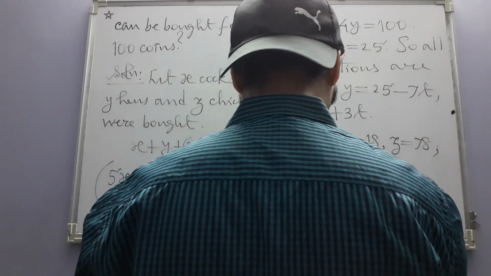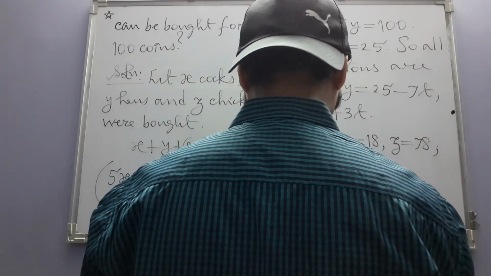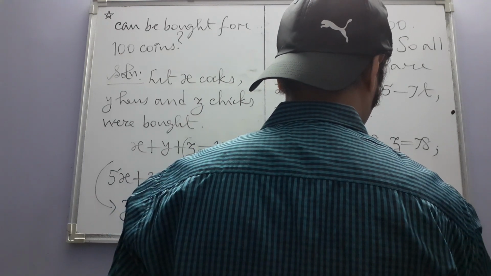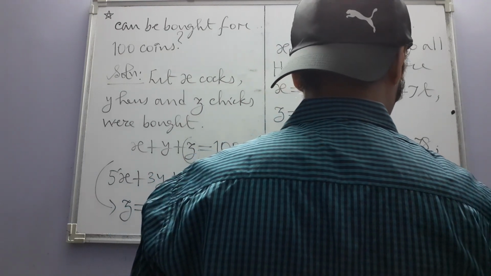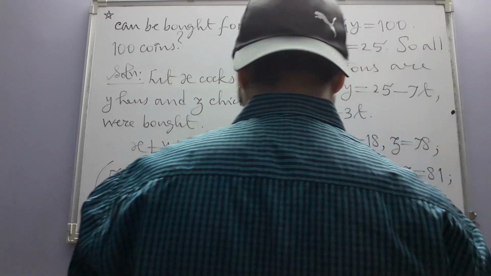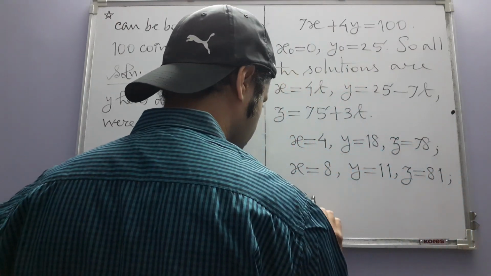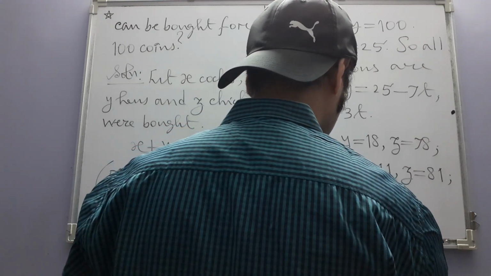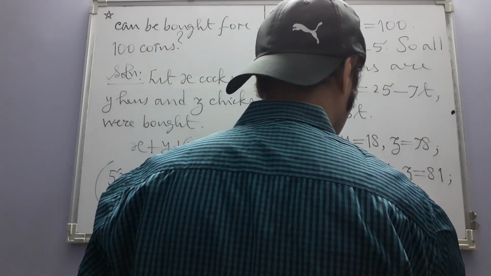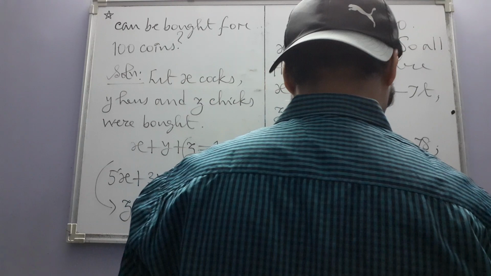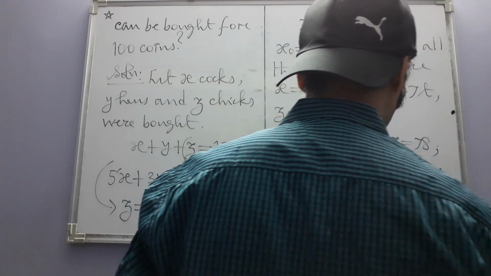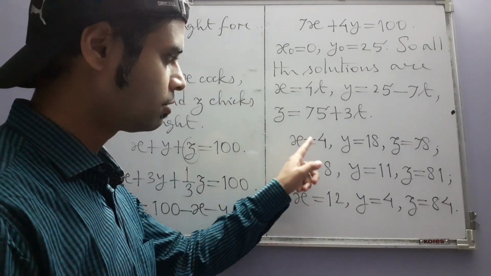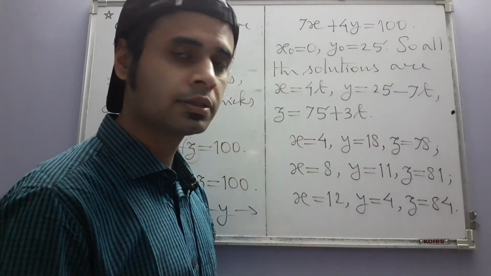Then x equal to 8, y equal to 11, and z equal to 81. And x equal to 12 cocks, 4 hens, and 84 chicks can be bought, or 8 cocks, 11 hens, and 81 chicks, or 4 cocks, 18 hens, and 78 chicks can be bought.